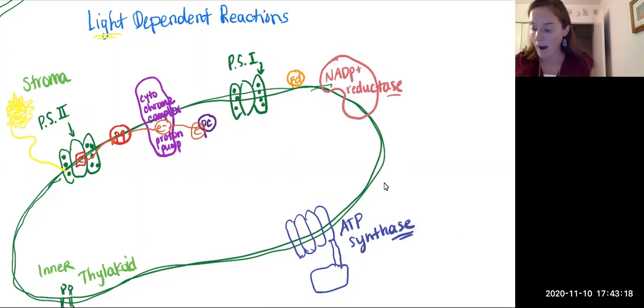And so what happens next is chlorophyll has a really high affinity for electrons. And so once its electron is excited and then handed off to plastoquinone, the chlorophyll wants a replacement electron and it will grab it from anywhere. So what's one of the most abundant molecules in this is water, right?